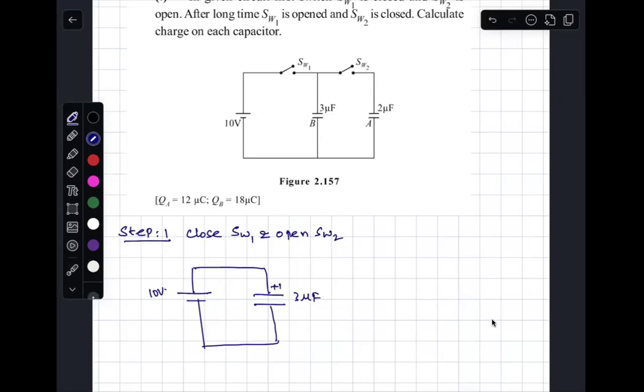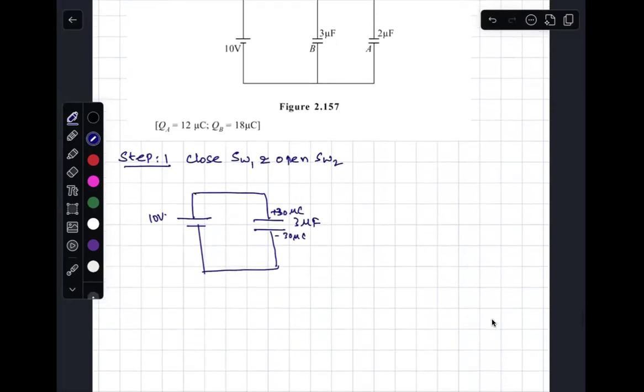Okay, Q equals CV, 30 microcoulomb, minus 30 microcoulomb. Done. Now proceed to step 2. Any doubt in step 1? Any student in the class? Step 2.